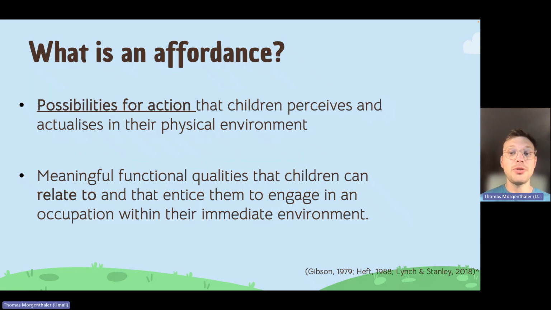You can also think about affordances as a relational concept. That means that we only perceive an affordance when we relate to the functional qualities of the physical environment. A child will relate to these qualities and then engage in an occupation in the immediate environment.